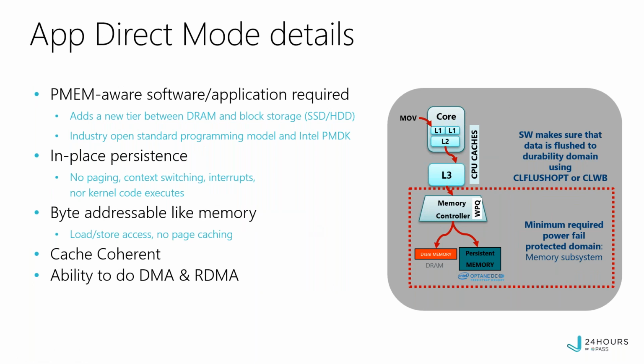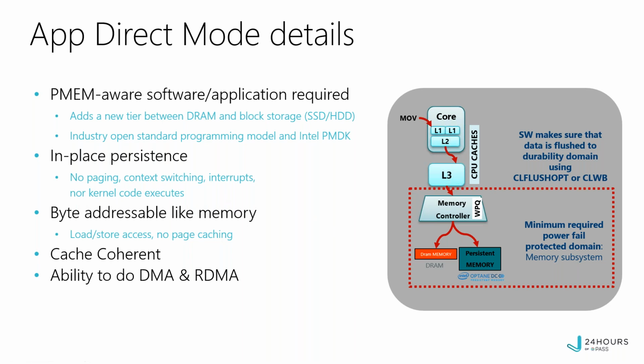App Direct mode is where we're going to mount a file system as a DAX, as direct access. And basically, this is where we see lots of applications where your database files are mounted straight from the persistent memory. And we have way faster performance just because we are not moving data from the memory subsystem to the storage subsystem.